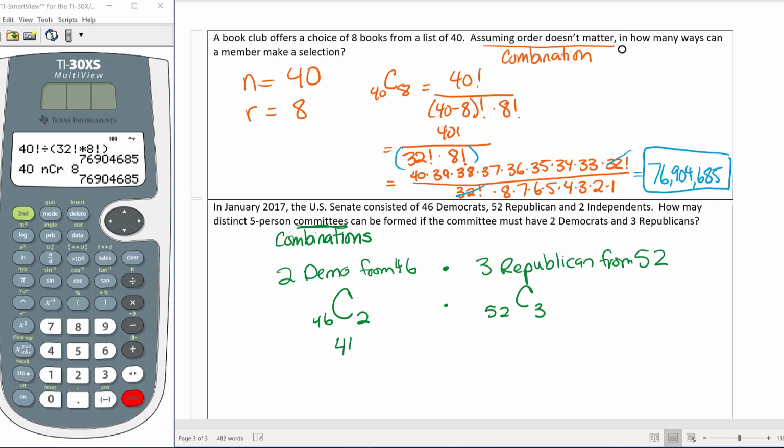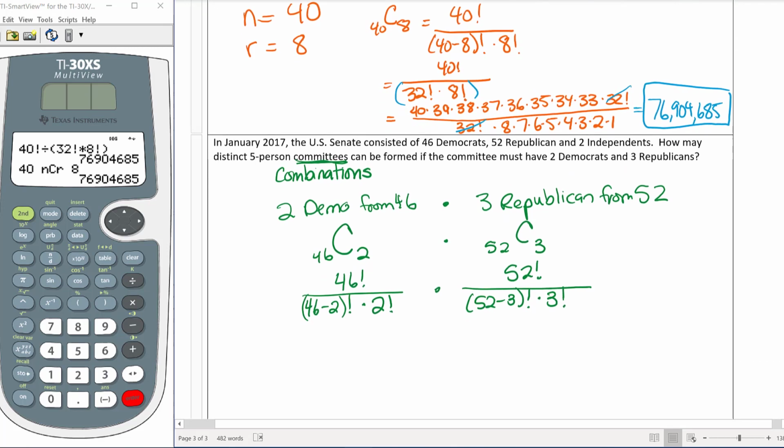We have 46 factorial over (46 minus 2) factorial times 2 factorial. The second one, we have 52 factorial over (52 minus 3) factorial times 3 factorial. So 46 factorial, and I have 44 factorial times 2 factorial.